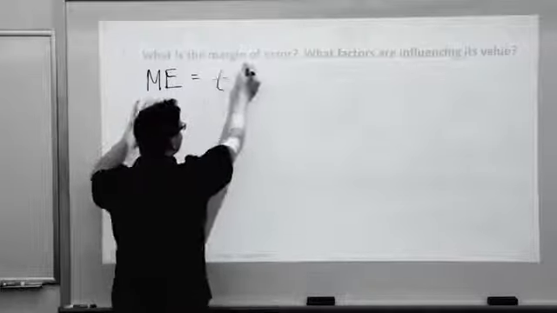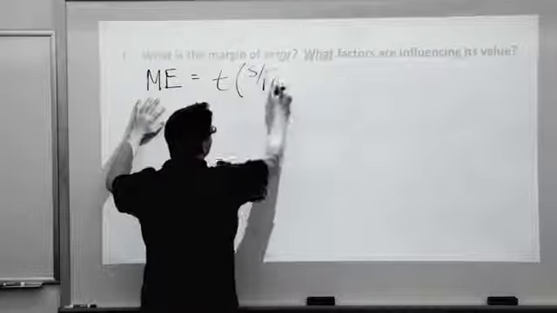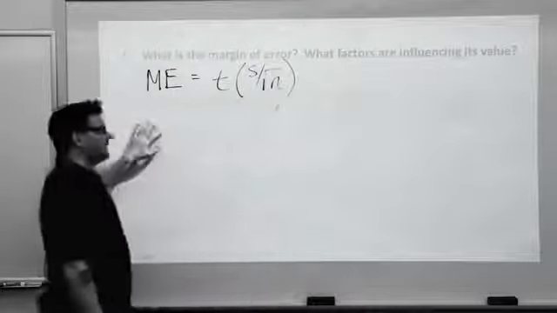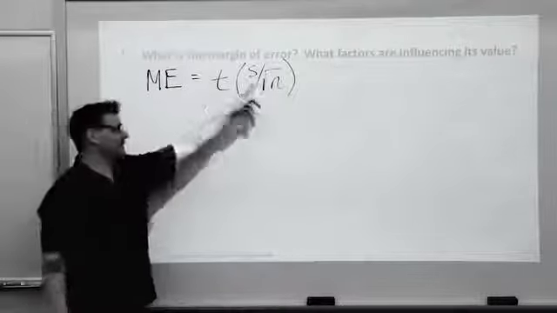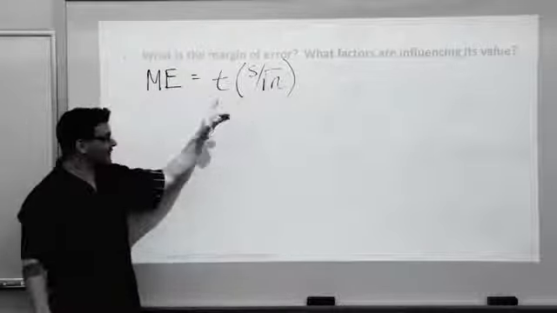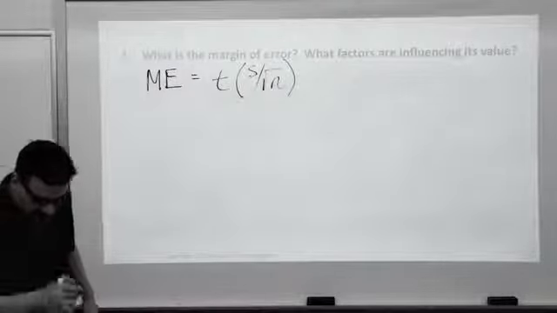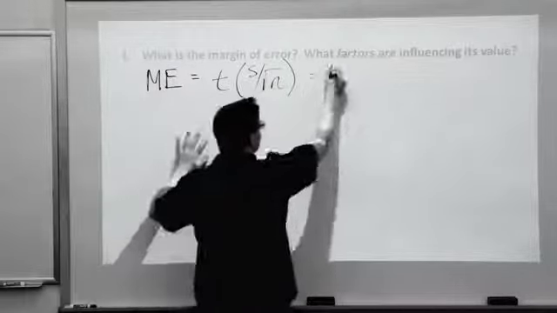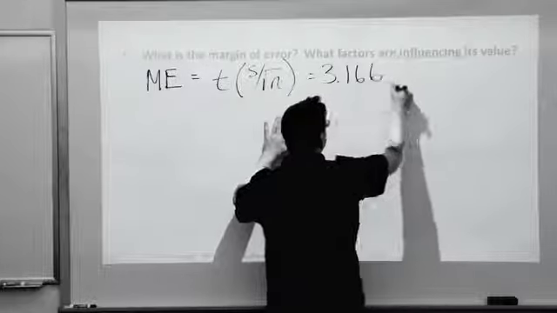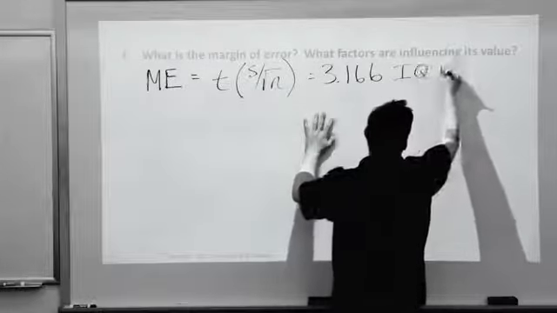It's the t number times s over root n. And boy, there's three numbers here, so I'm guessing those might be the three things that are influencing the value of margin of error. From this problem, it was 3.166 IQ points.